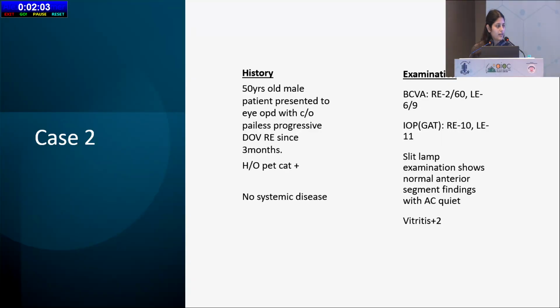Moving on to our second case, we had a 50-year-old male who presented to the OPD with the same complaint. He had a history of a pet cat. There were no systemic diseases, and on examination his right eye vision was 2/60 and the anterior segment was normal with vitritis +2.